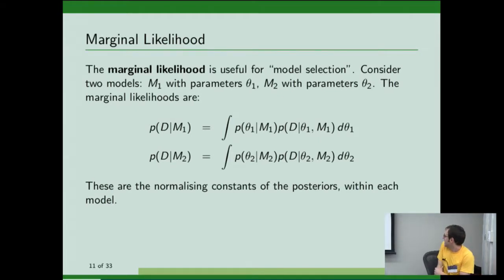So the nested sampling algorithm was invented with the marginal likelihood in mind. John Skilling wanted to be able to calculate the evidence, and the reason is to do model selection.